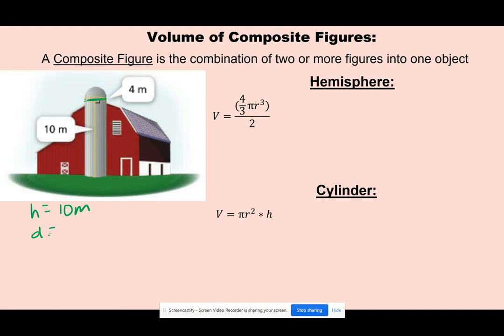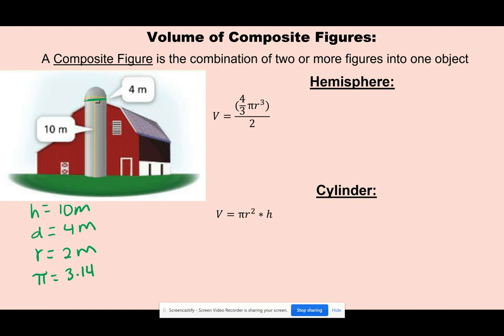So diameter equals 4 meters. Now we know from our equations there's no d there, so we need to find the radius. The radius is half of the diameter, so it would be 2 meters. And of course we know that for pi, we're going to use 3.14. So here's my little list of all of the information that I need for this problem.